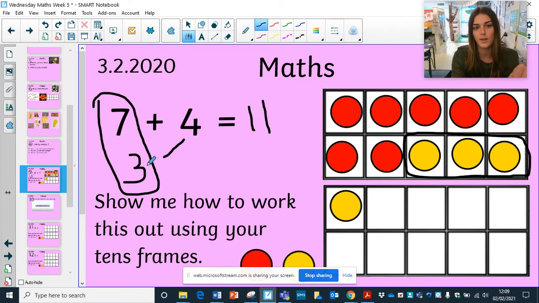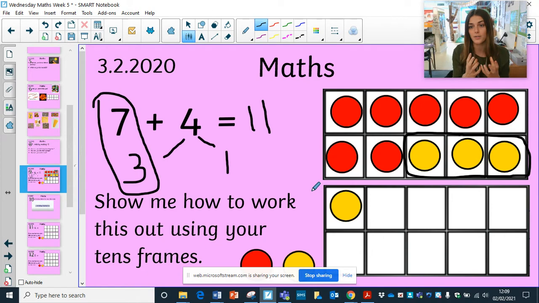So these two numbers make 10. And then what is left out of that number? I've taken 3 away to make 10, so the 3 is there to make 10, and it's left me with 1. I partitioned my 4 into 3 and 1, because I used the 3 to make my 10, and I've been left with 1 more.